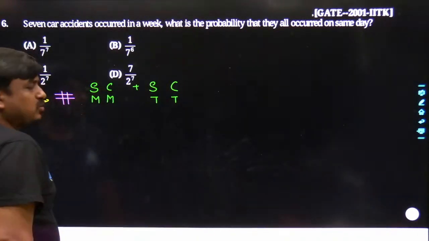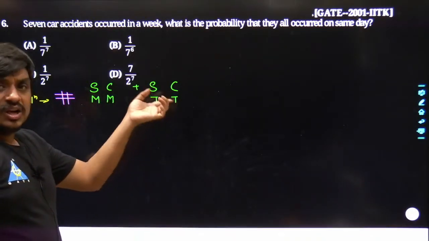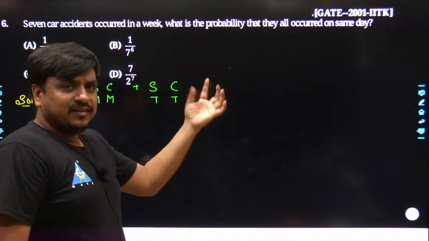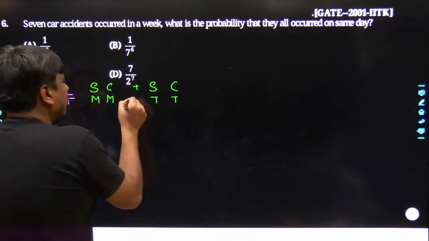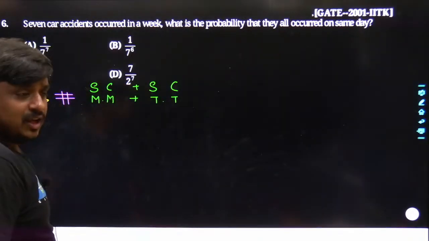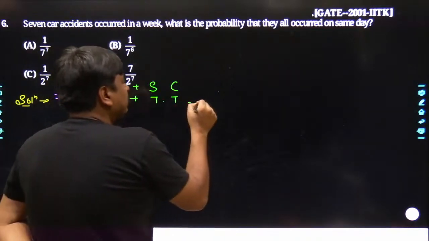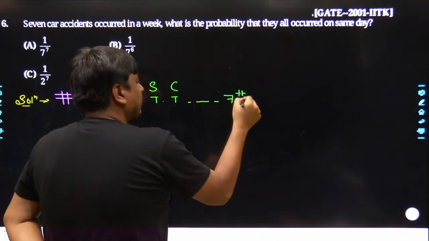So you can say Monday and Monday, or Tuesday and Tuesday, or Wednesday and Wednesday, and so on and so forth. The important thing is that whenever an or comes into the picture, addition is taken. Whenever an and comes into the picture, multiplication is taken. How many terms do you have? Exactly 7 terms.